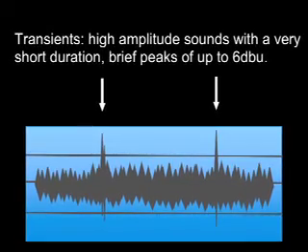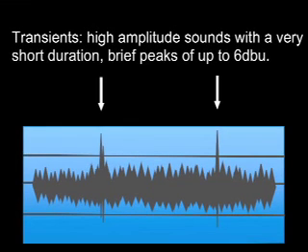Transients are high amplitude sounds that have a very short duration. They are a sudden but very brief peak in your signal that can go about 6 dB above the overall level of your signal.